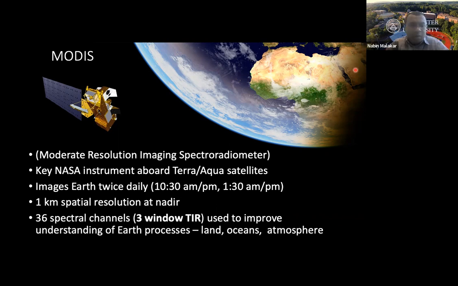The instrument that I work with looks at 1 kilometer resolution, meaning that each pixel is a kilometer. Whenever you take a picture, you imagine a dot on your picture, right? That picture is 1 kilometer resolution. There are other sensors that use better resolution.